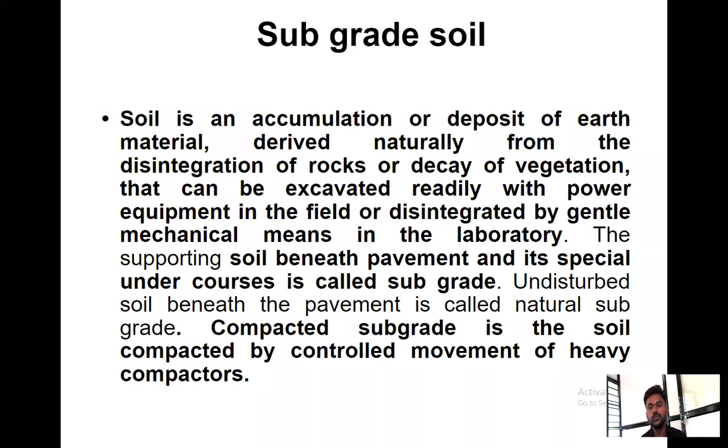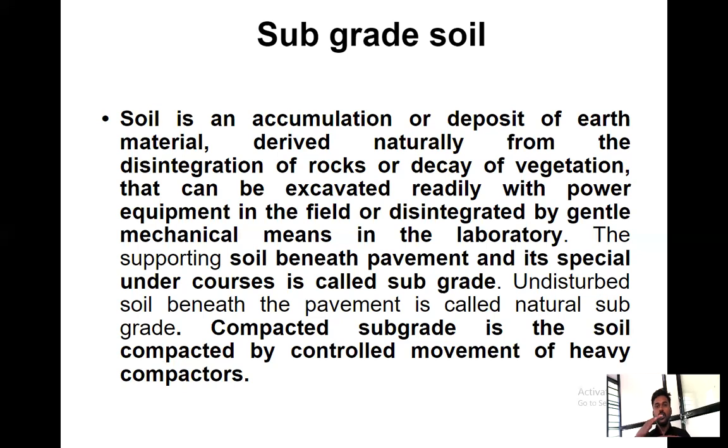The supporting soil beneath the pavement and its special under courses is called subgrade. Whatever soil is beneath the pavement is called subgrade. Undisturbed soil beneath the pavement is called natural subgrade.